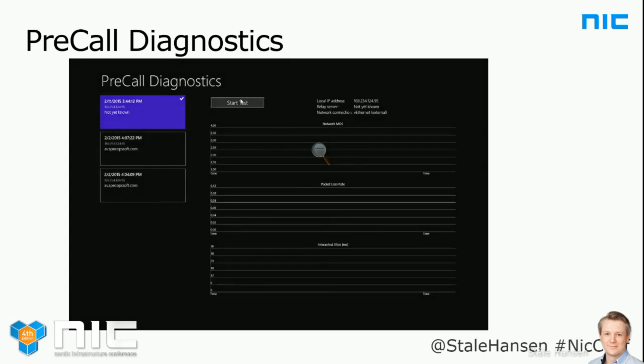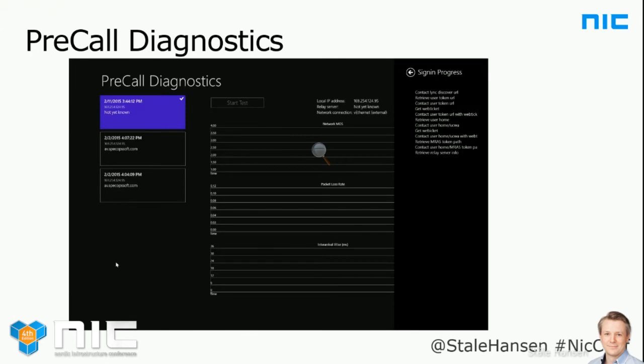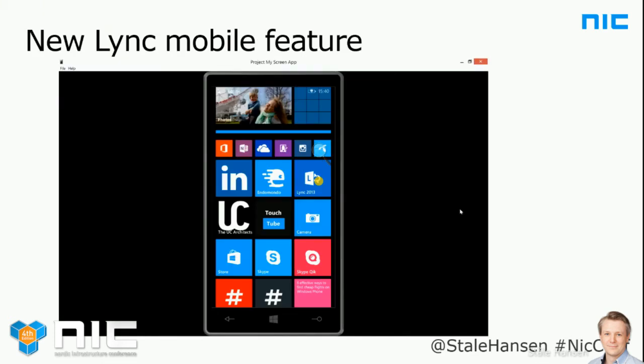It's available as a modern app as well as a Windows app, where it will check your bandwidth, packet loss, and so on from that location. So if you're going to do Lync meetings from a hotel room or a hotel lobby, you can use this to make sure that you get what you want.